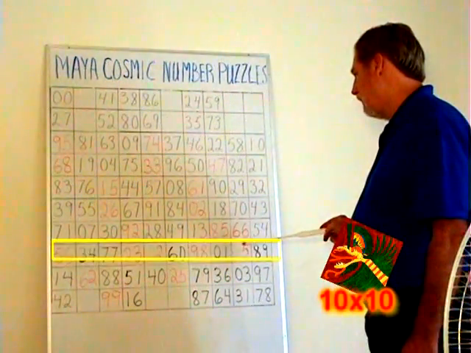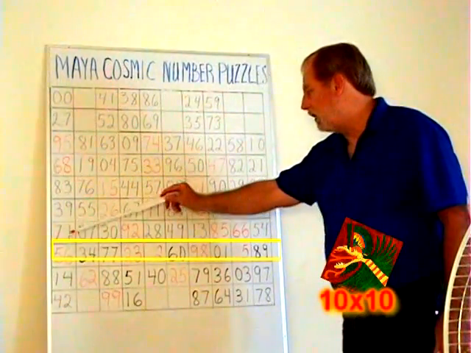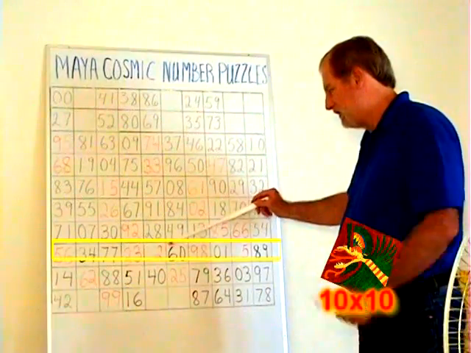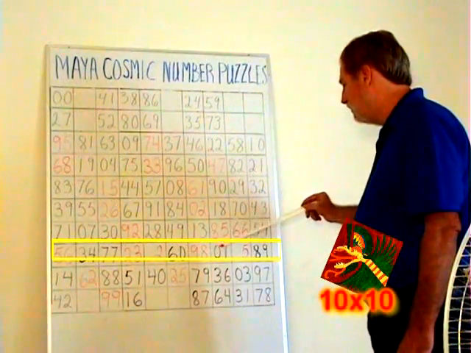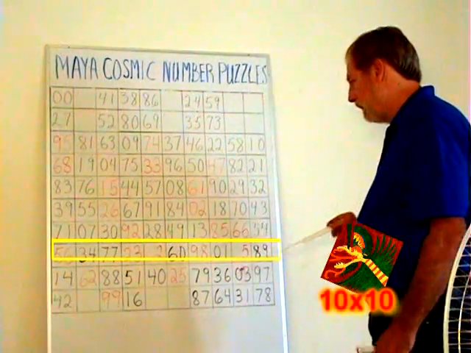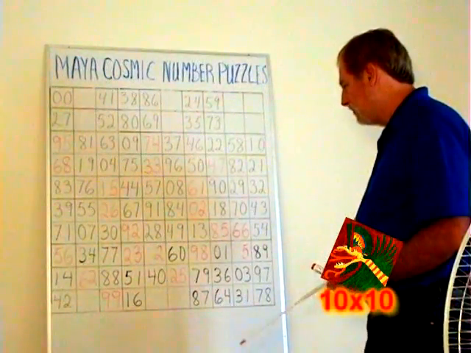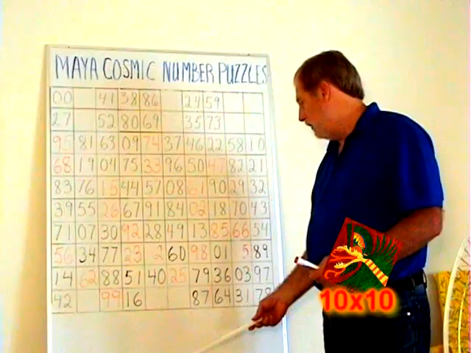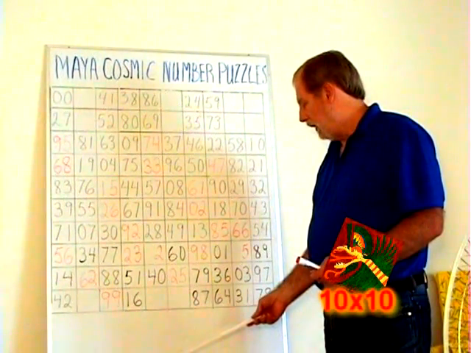In the left side, we have a 5, a 3, a 7, a 2, 6, 9, 0, and an 8. That means that we are missing a 1 and a 4.